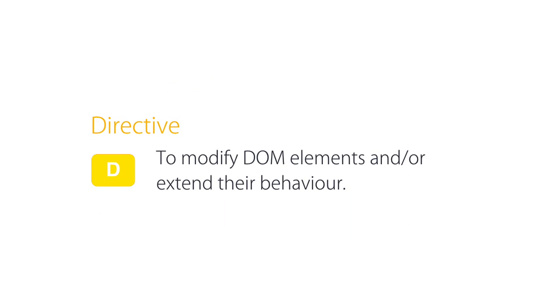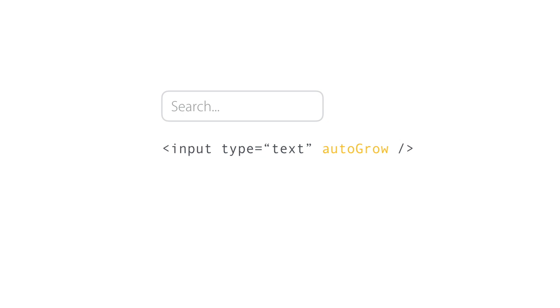And the last key player in Angular is a directive. Similar to components, we use directives to work with the DOM. But a directive, unlike a component, doesn't have the template or HTML markup for a view. We often use them to add behavior to existing DOM elements. For example, we can use a directive to make a text box automatically grow when it receives focus.